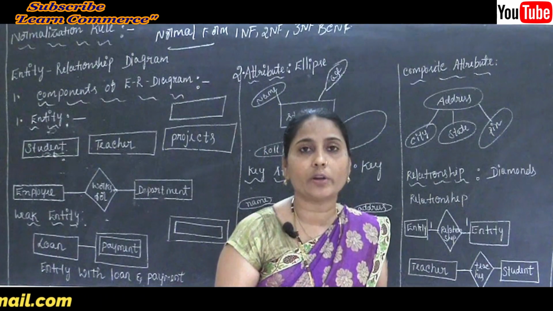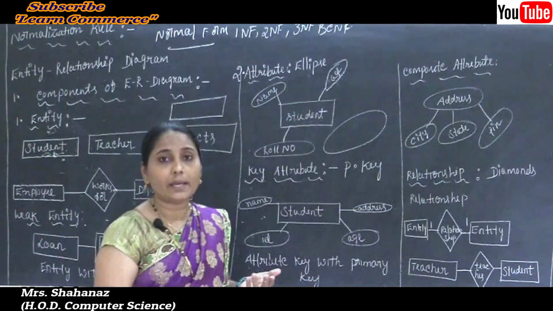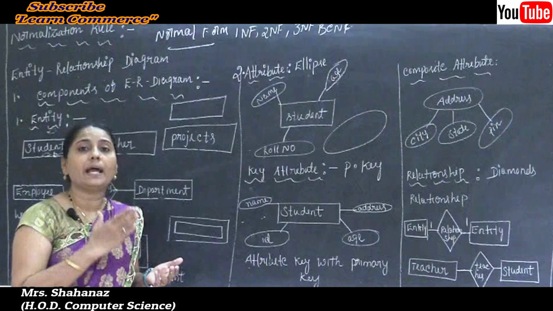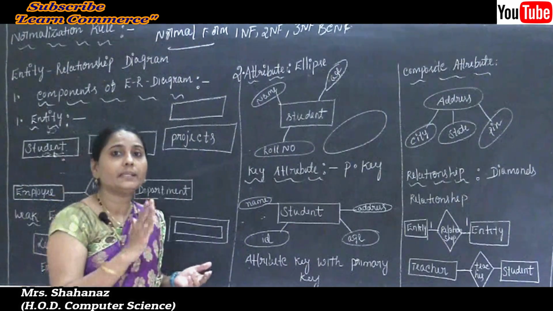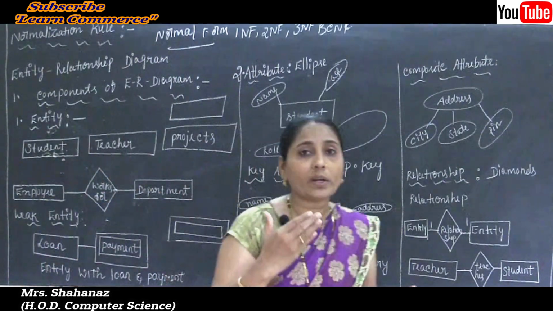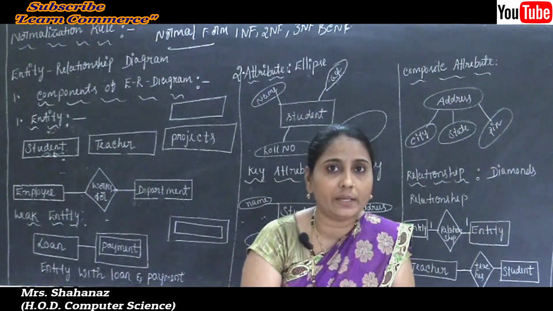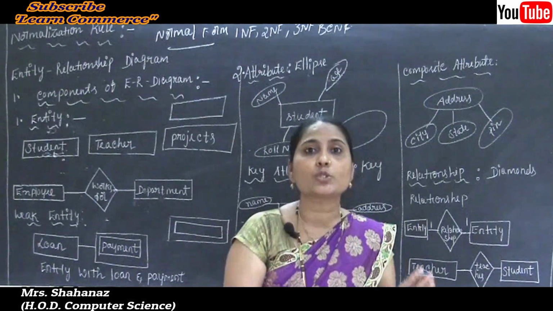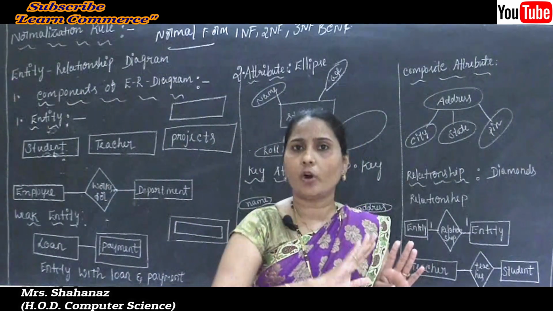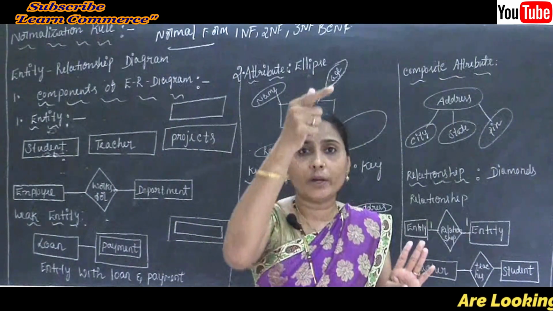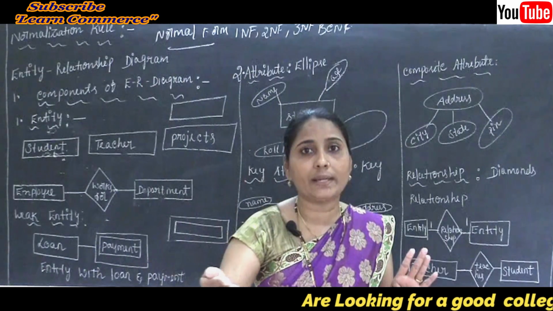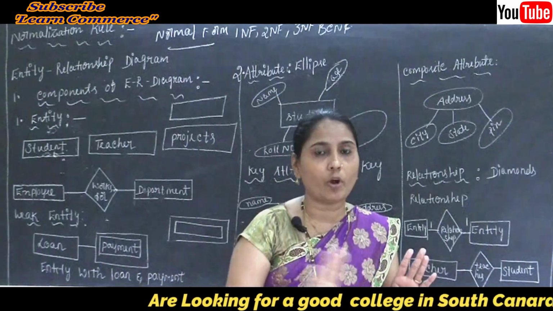Because you already know the meaning of the primary key. The primary key is the key that uniquely identifies each record in a table. So what columns can we use as a primary key? Some of the columns are student ID. Such a number is not going to repeat. For each student we provide a separate number, and such a number is not going to repeat.